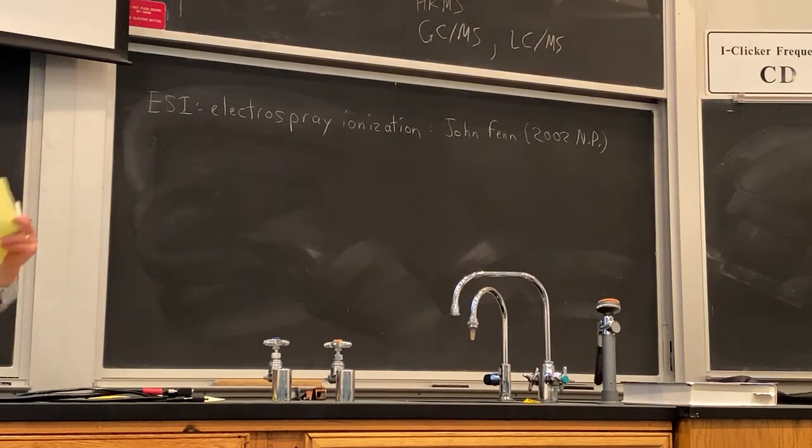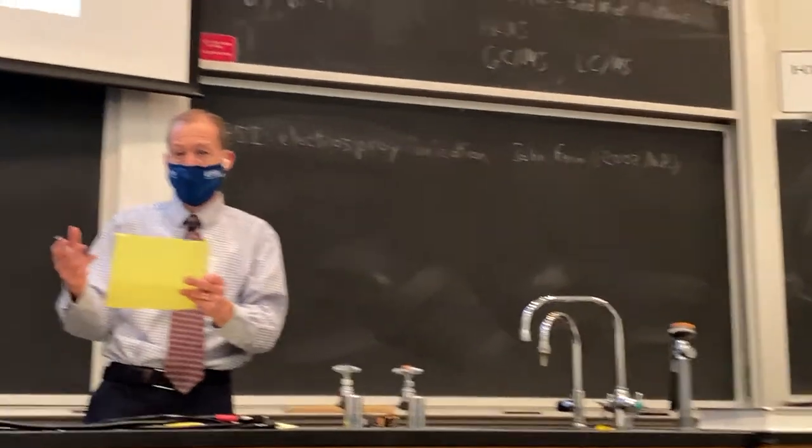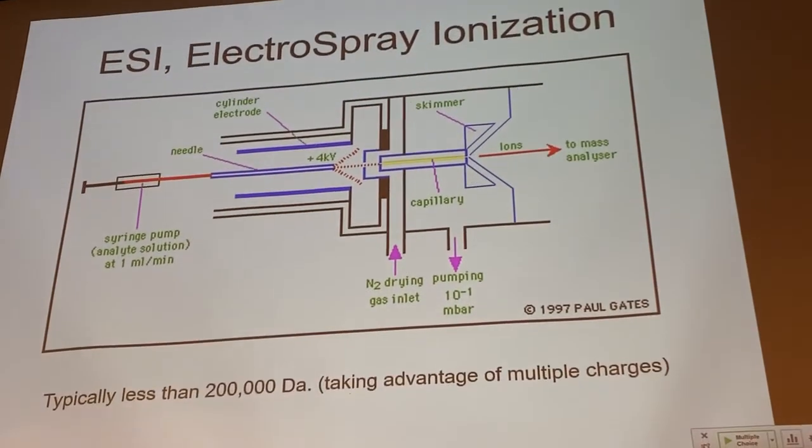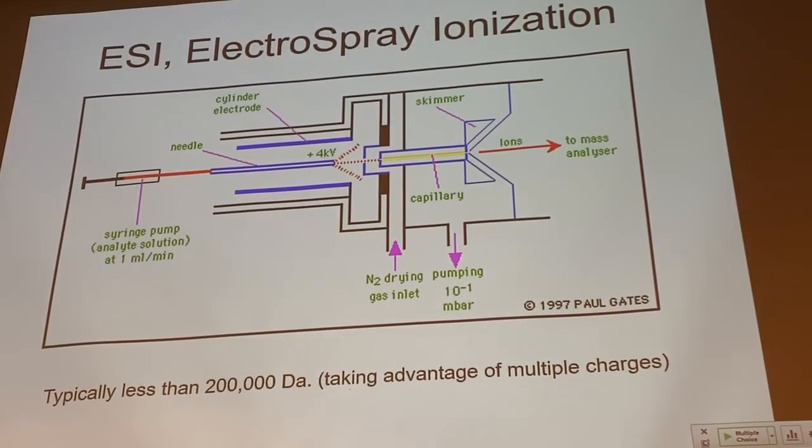So this allows you to take a solution of your compound and introduce that solution into the mass spectrometer. So you can ionize much larger molecules than you would be able to ionize by EI, where it has to be able to become a gas.